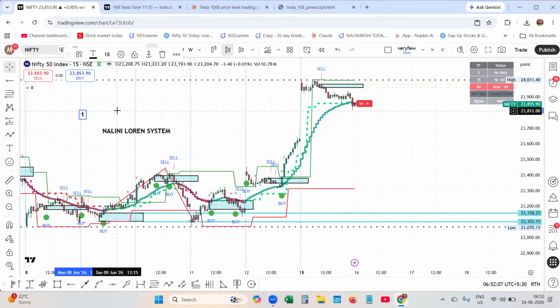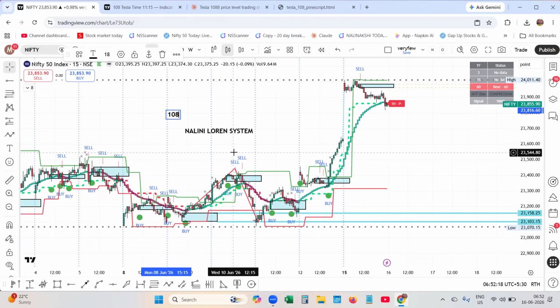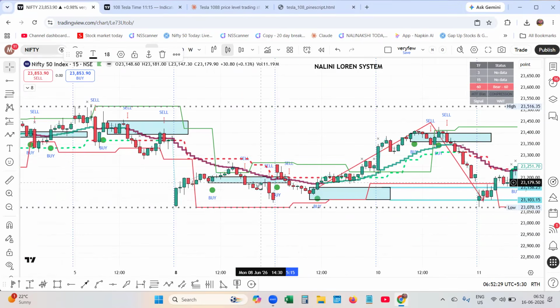11:15 is the 108 Tesla time. According to my observation, those time zones cluster here. You can see over here, they started clustering.